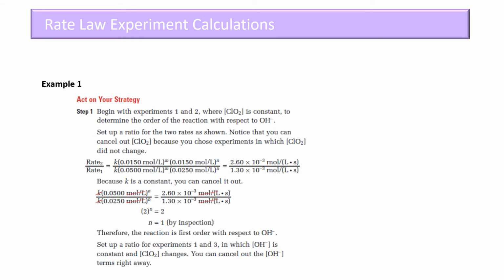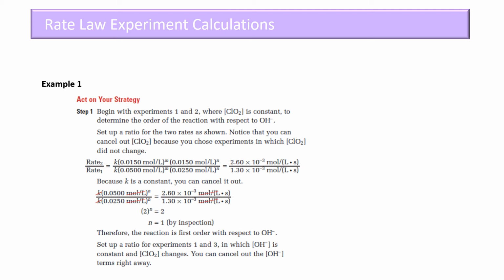Now, let's act on our strategy. Step number 1. Begin with experiments 1 and 2, where the concentration of ClO2 is constant, to determine the order of the reaction with respect to OH minus. Set up a ratio for the 2 rates as shown.